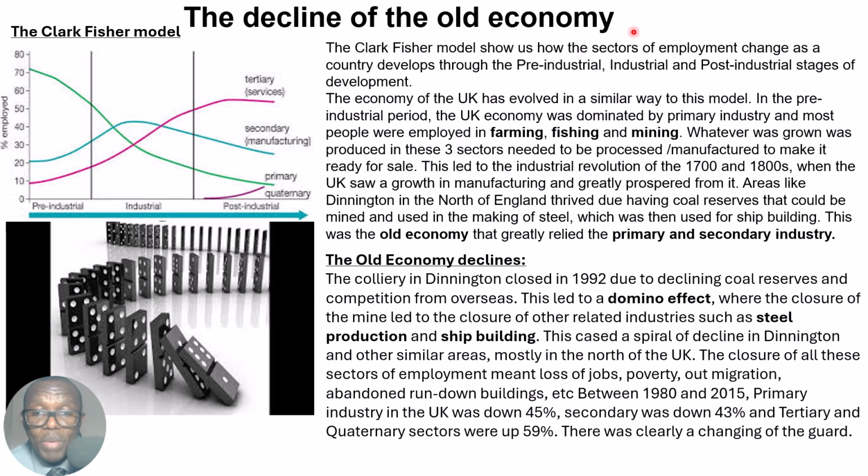It was the economy that relied on the primary and secondary sector, and that declined in places that were mostly in the north of the UK, like Dinnington, where coal was being mined. The sectors that replaced that old economy were the tertiary and quaternary sectors.